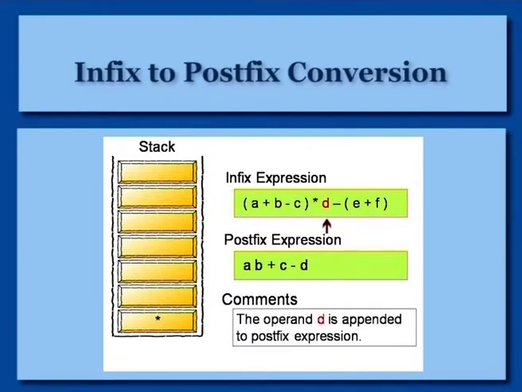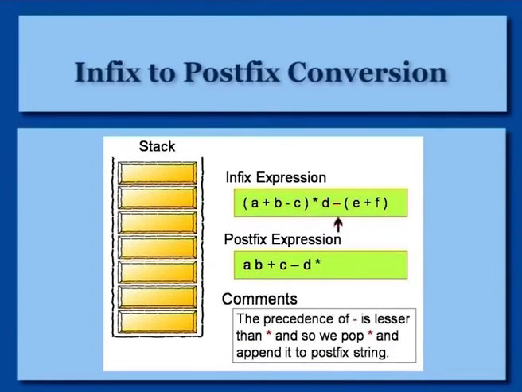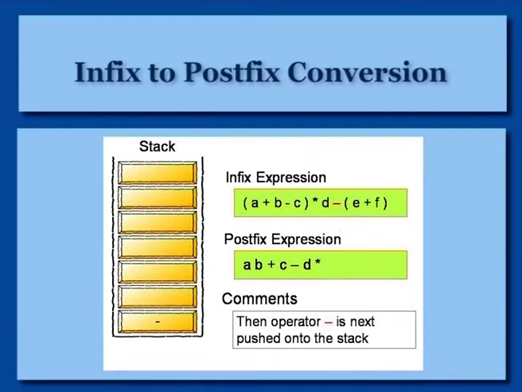The operand d is next appended to the postfix expression. The next character is subtraction operator. The character at top of stack is multiplication operator and as the precedence of subtraction operator is lesser than multiplication operator, we pop the multiplication operator and append it to the postfix string. Then the subtraction operator is pushed onto the stack.